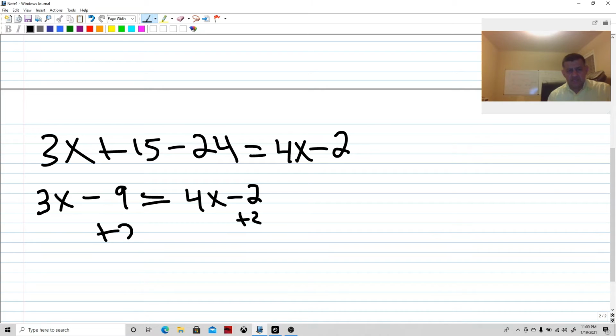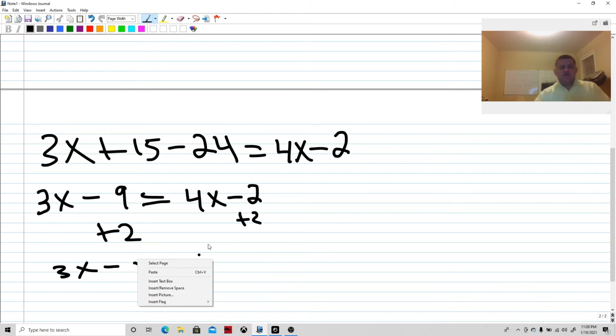So that becomes 3x equal to negative 7. I'm sorry, 3x minus 7 is equal to 4, okay, equal 4.